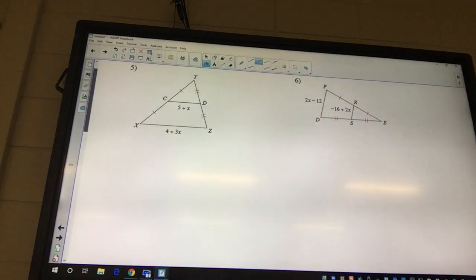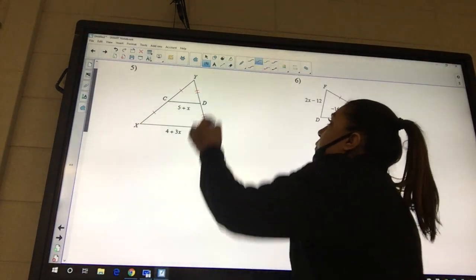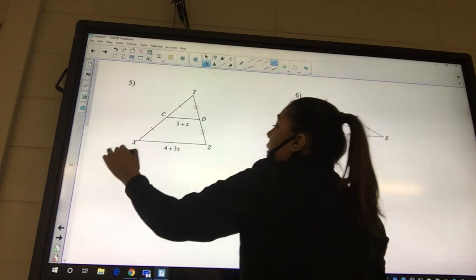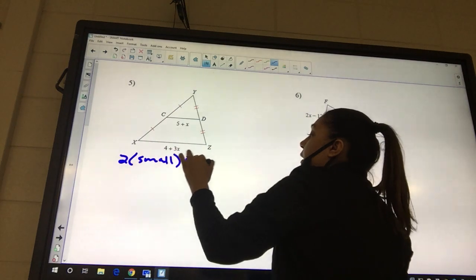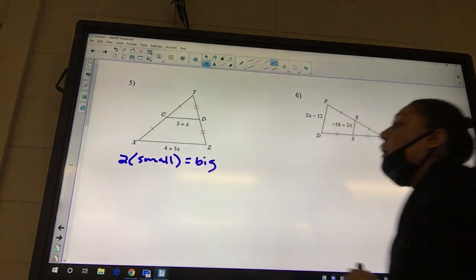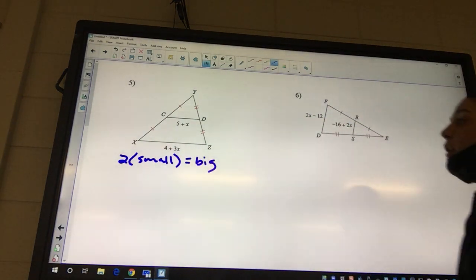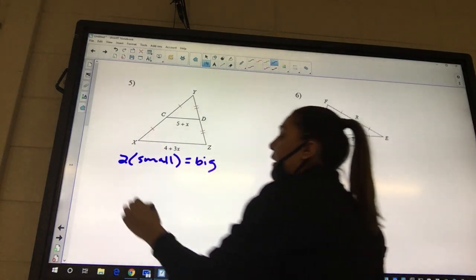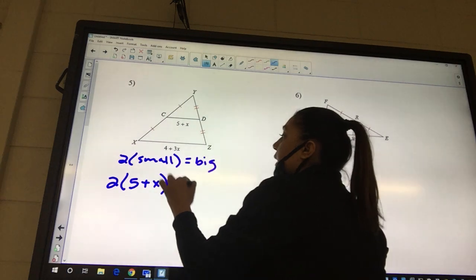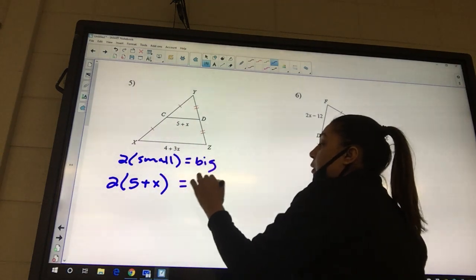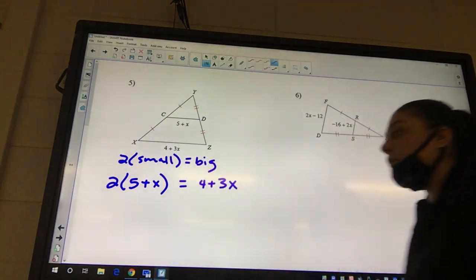So, all right. If we look at this one, it's always going to be 2 times the small is going to equal the big. Okay? So which one is the small one? 5 plus x. So it's going to be 2 parentheses 5 plus x equals, our big one is 4 plus 3x.